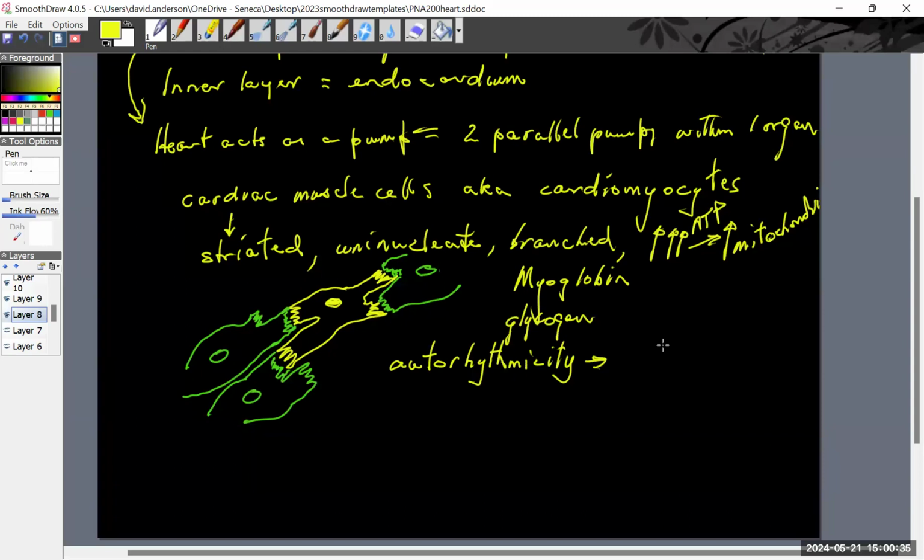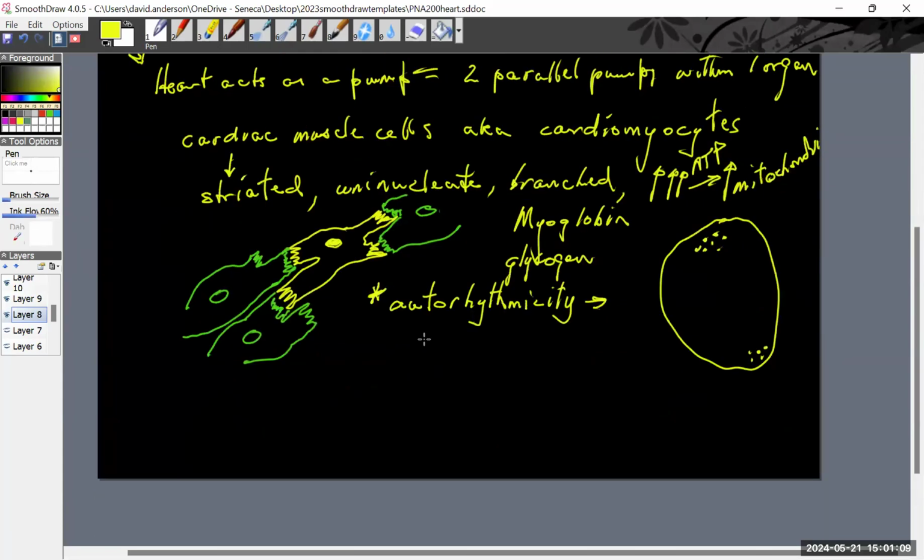So what we would notice is that in one part of the heart wall, for example, up in this area, the cardiac muscle cells up in this area will beat much faster than they do down in this area. So we'll see a little bit later on today that we're going to require a system that coordinates this feature of autorhythmicity. So it's pretty unique, and it's going to require some coordination, which we'll find out about a little bit later.